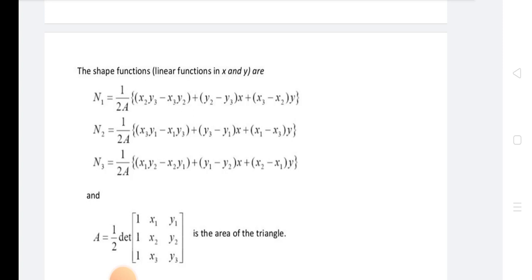N3 is equal to 1 upon 2A (x1 y2 minus x2 y1 plus (y1 minus y2) into x plus (x2 minus x1) into y), and A is equal to 1 by 2 determinant of [1 x1 y1; 1 x2 y2; 1 x3 y3], which is the area of the triangle.